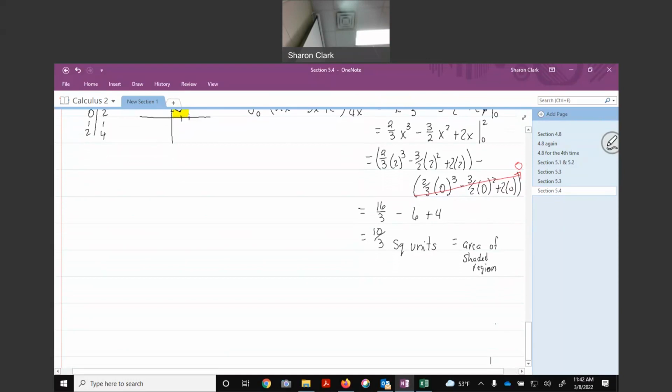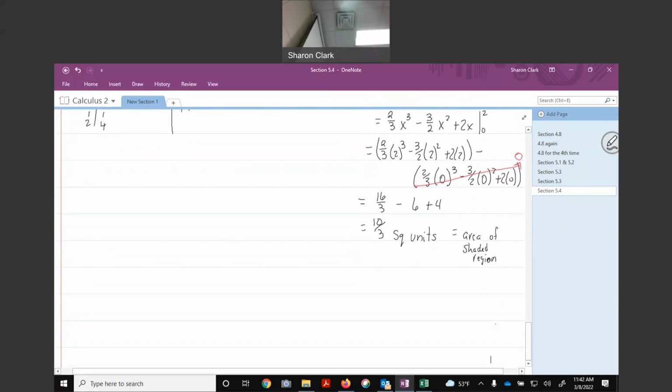Okay. Now, when your function is in multiple sections, follow this procedure.